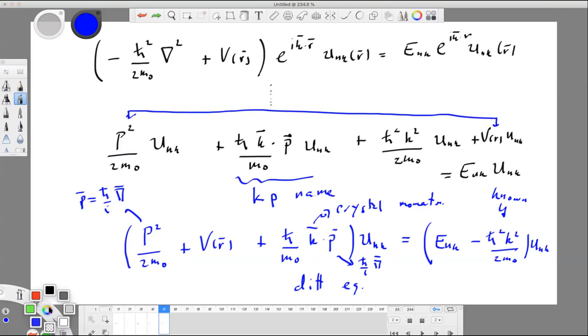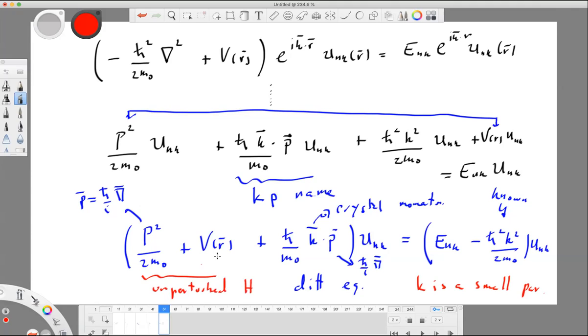So it's highlighted here. K is small. And of course, you know that this is a common feature of all perturbative treatments, that you need a small parameter in terms of which to make an expansion. So K is small, so this term is going to be small, okay? And this is going to be the unperturbed Hamiltonian.